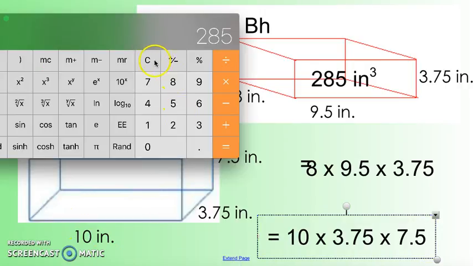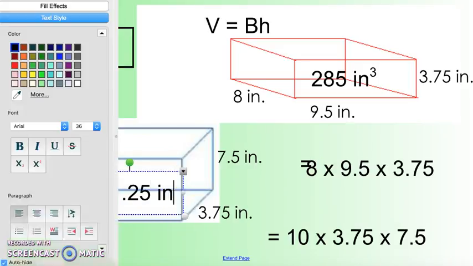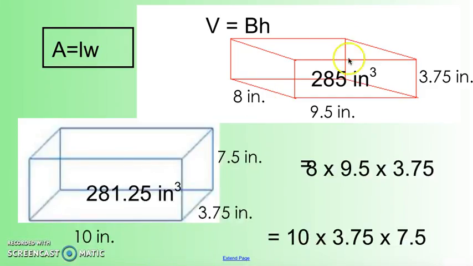So let's do 10 times 3.75 times 7.5. 281.25 inches cubed. So which one can you fit more in? This one, the red one. So the red one would be our answer because it has more volume. So we can fit a little bit more in there.